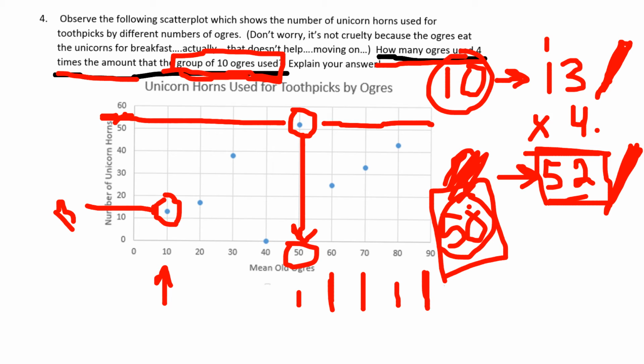So just to recap, if we want to know how many ogres used 4 times the amount that the group of 10 ogres used, first we have to figure out how much 10 ogres used. Well, 10 ogres used 13. Then I had to multiply that times 4 because we want to know the group of ogres that used 4 times that amount. So I got 13 times 4, which gave me 52.